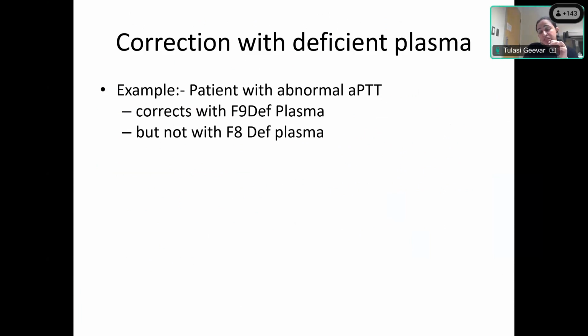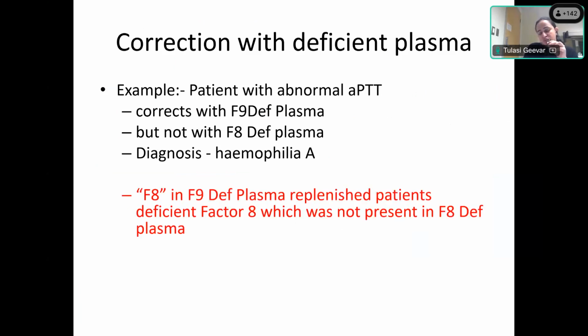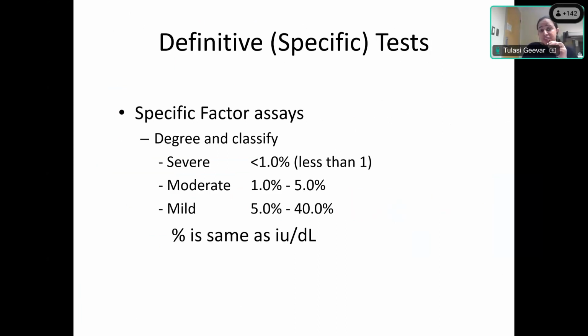But if the APTT is not corrected with 8 deficient plasma, that is, factor 8 is not there, this suggests a diagnosis of hemophilia A. The factor 8 present in the 9 deficient plasma replenishes the patient's deficient factor 8, which was not present in the 8 deficient plasma. This way, you can identify which factor is likely to be deficient in the patient. Further testing requires more specific assays to classify severity. Severe is less than 1%, moderate is 1 to 5%, and mild is between 5 and 40%.